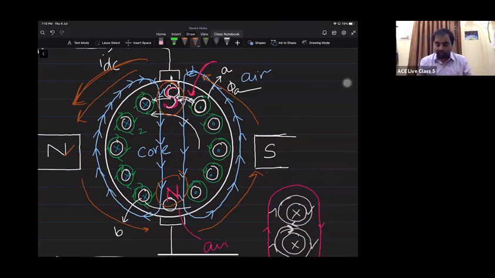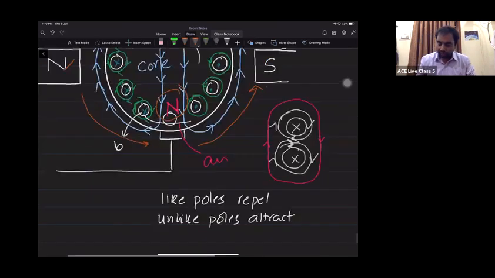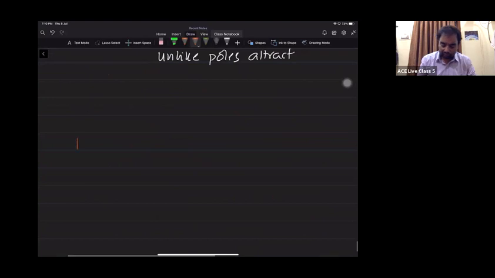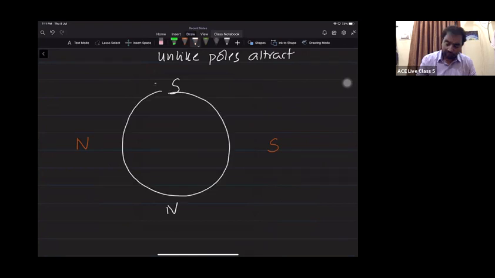Yes. Done. Now here I'll try to draw. So this is a north pole. This is a south pole. So this is a south pole, this is a north pole, right? So here this is an armature. So this armature is trying to rotate to align this south pole with this north pole and this north pole with this south pole.